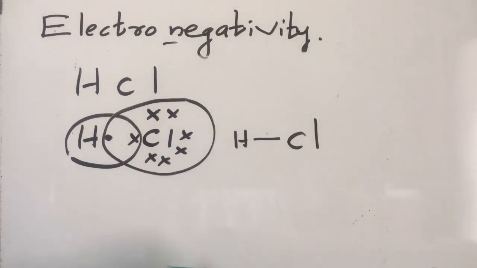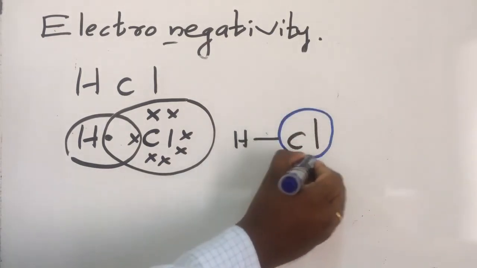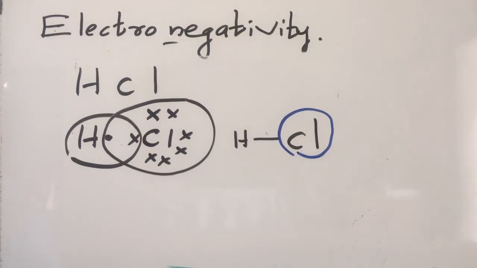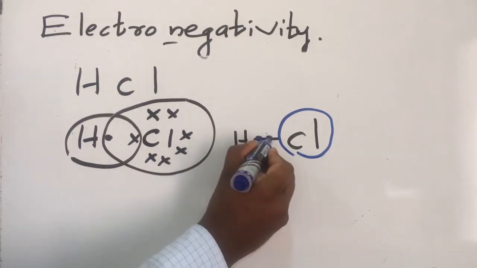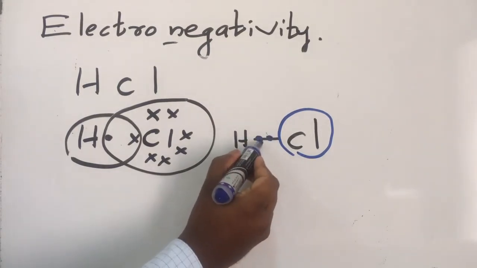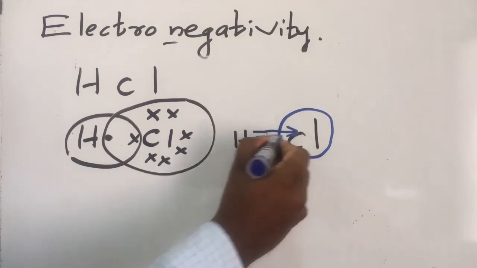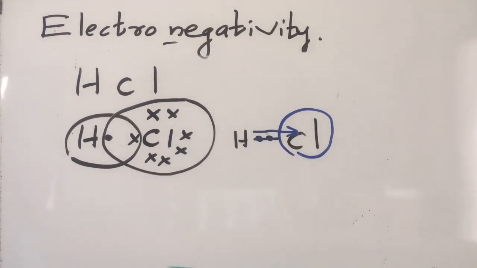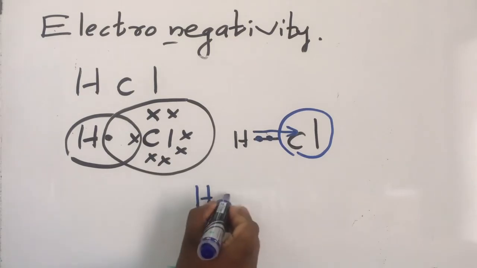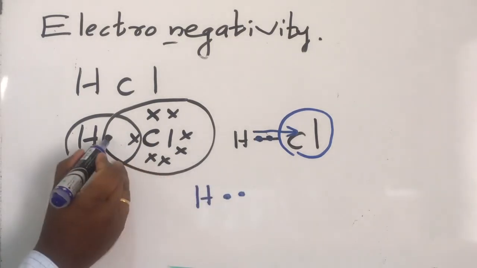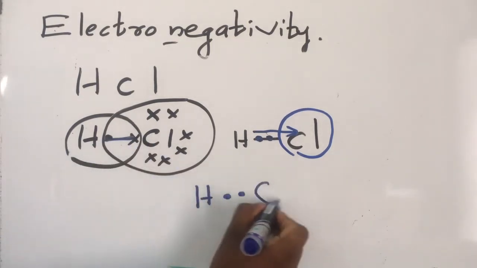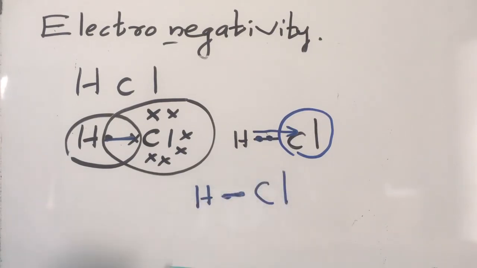Out of these two elements, chlorine has a tendency to attract the shared pair of electrons towards itself. I repeat, there are two shared electrons between hydrogen and chlorine, and both form a single bond.